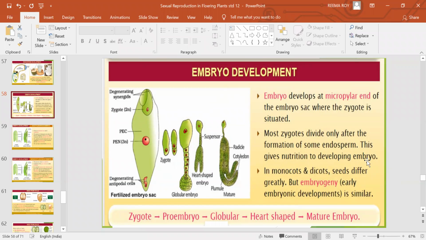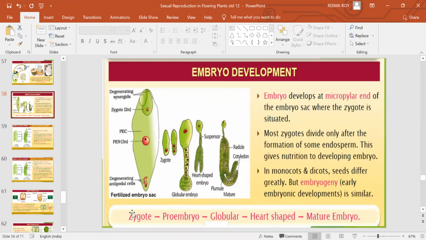In monocots and dicots, seeds differ greatly, but embryogeny, that is early embryonic development, is similar. ये जो हम बात कर रहे हैं, zygote से लेके embryo तक जो developing stage है, this stage is similar in both monocots and dicots. This is what they are saying.